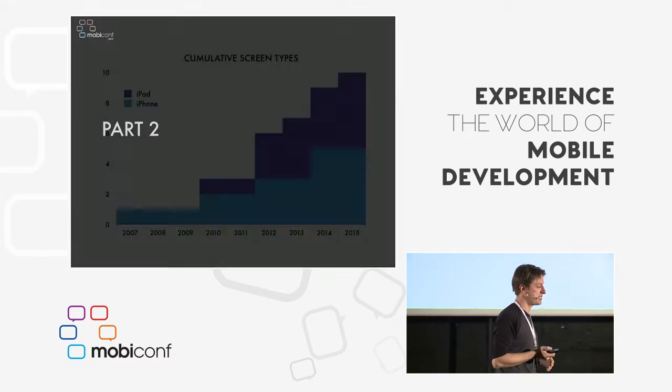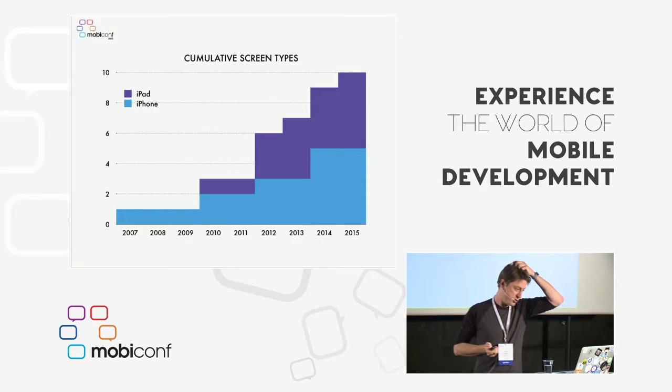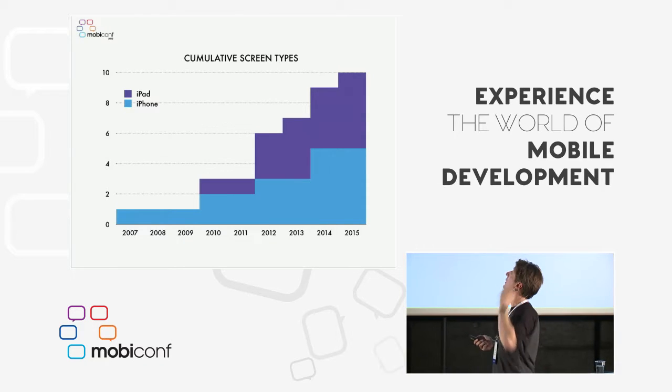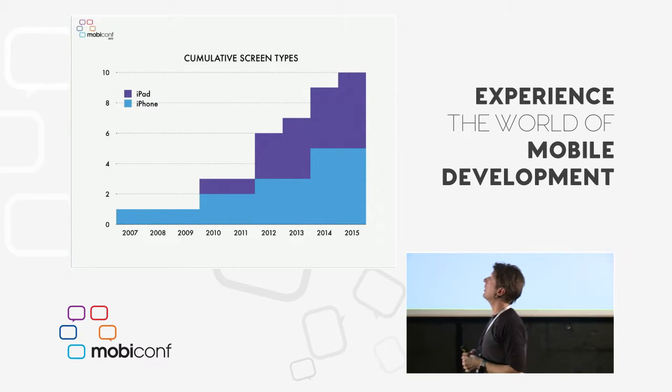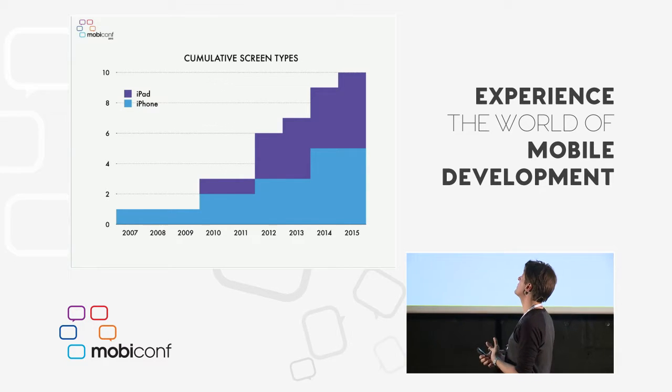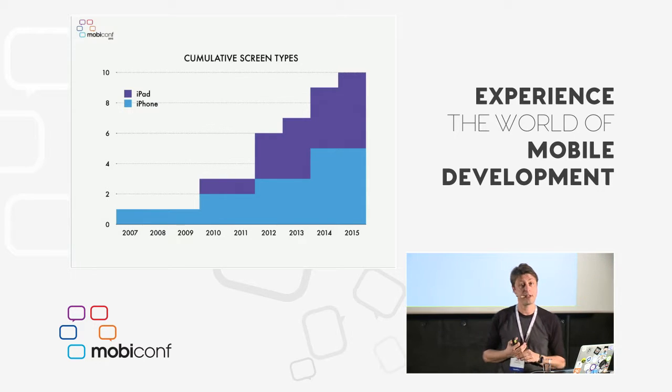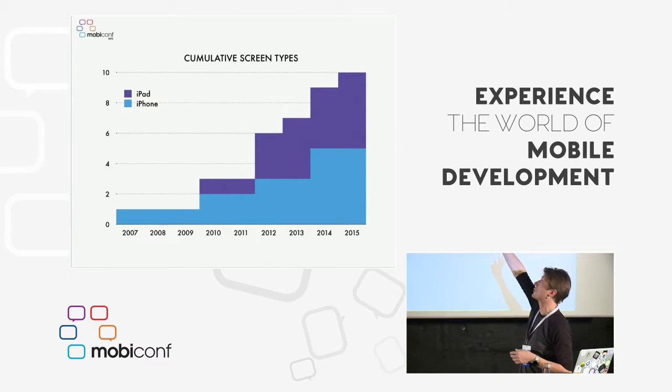So what kind of problems is this causing? You can prove anything with a graph, so I figured I'd make one. Looking at different screen types, purely at physical size of the screen and pixel density, this is the evolution that we've seen since the introduction of the original iPhone. I didn't speak much about the iPad before, but the iPad has gone through a similar progression as the iPhone.